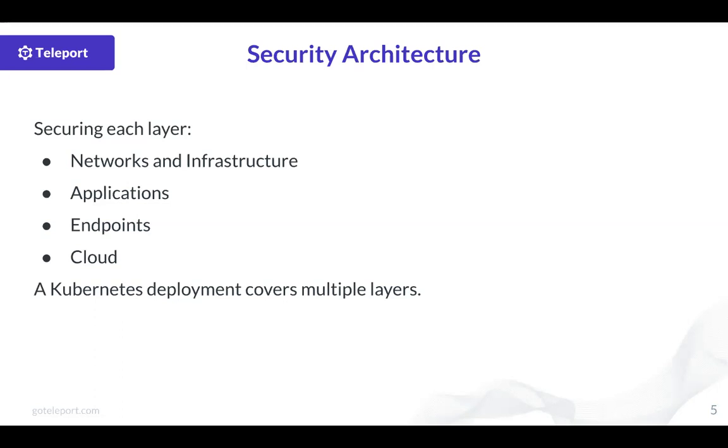With each one of these layers, if you look at Kubernetes, a Kubernetes deployment can cover all of these layers. So it's critical to think about how you can properly secure your Kubernetes server API, the applications running in your clusters, the infrastructure the clusters are running on, and the endpoints your users are accessing the Kubernetes clusters from.